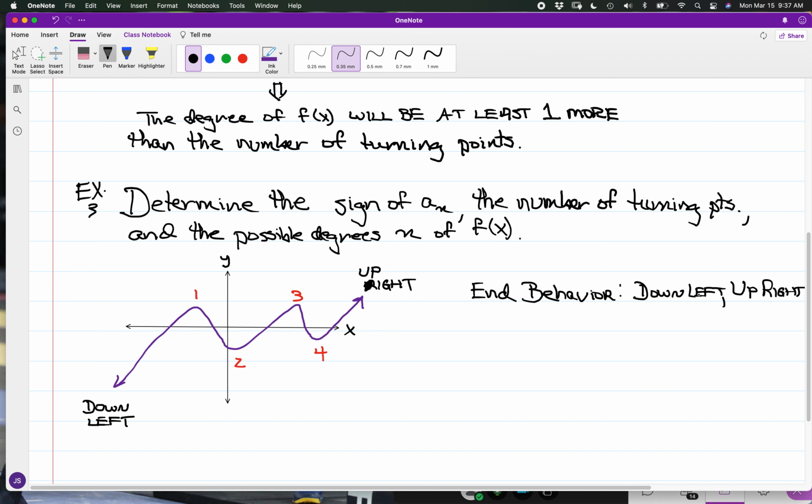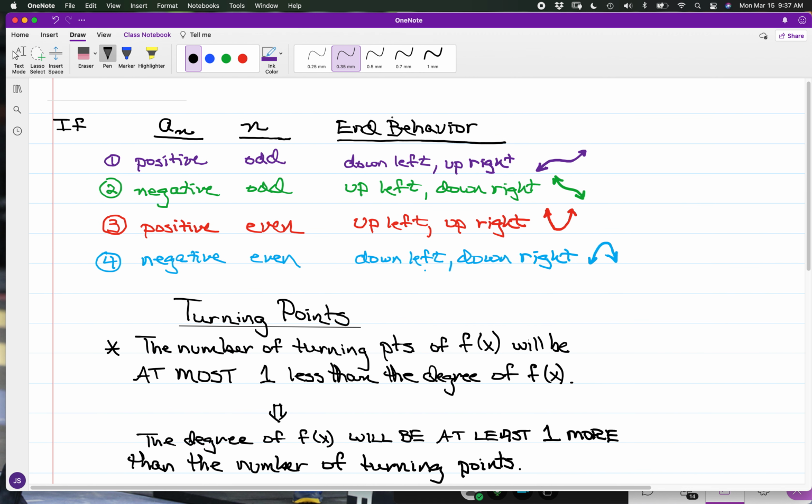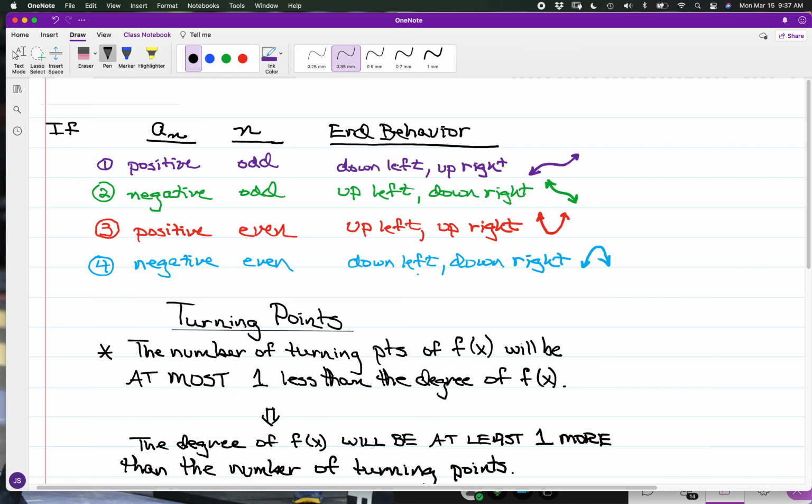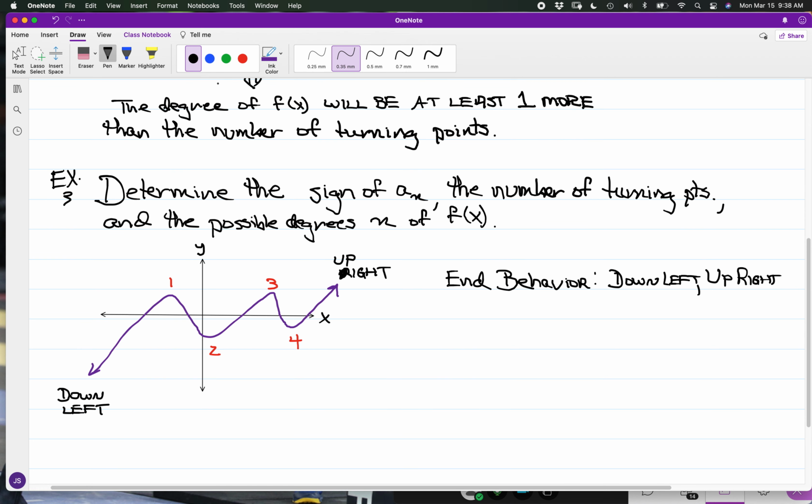Okay, now for the sign of a sub n, remember, going back to what we have in the chart, you have down to the left and up to the right, and this will occur if the degree is odd, and also where a sub n is positive. So with this end behavior, a sub n is positive, and the degree is going to be odd.